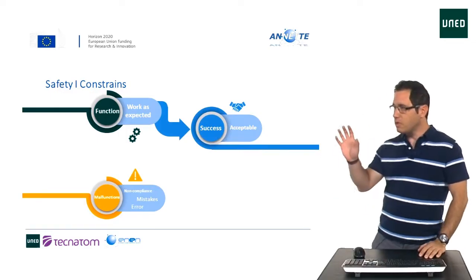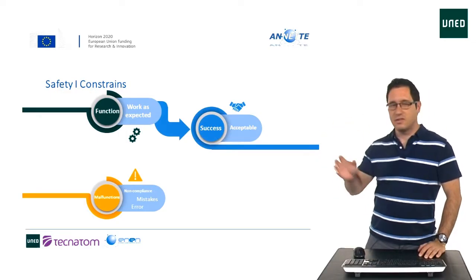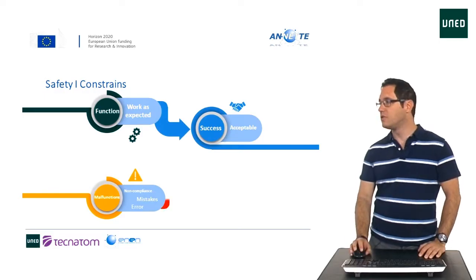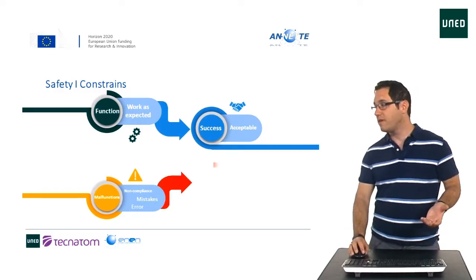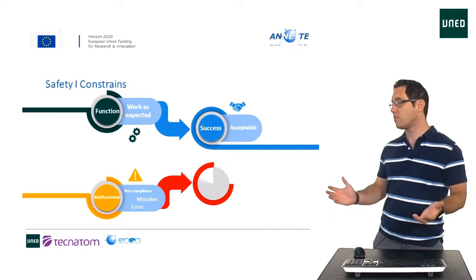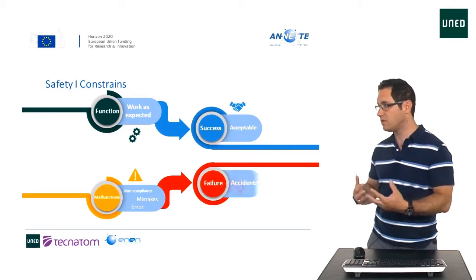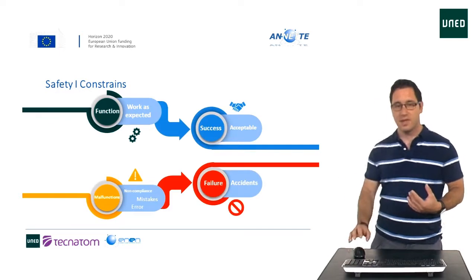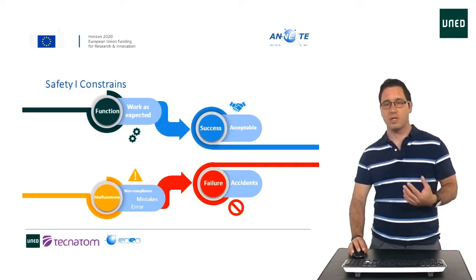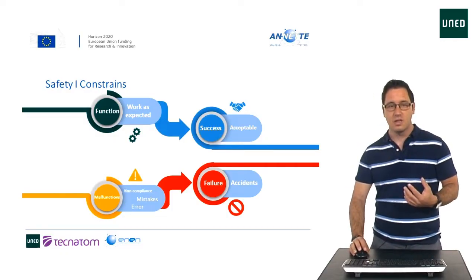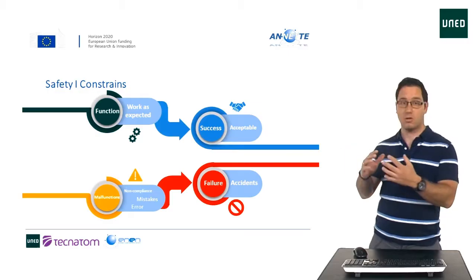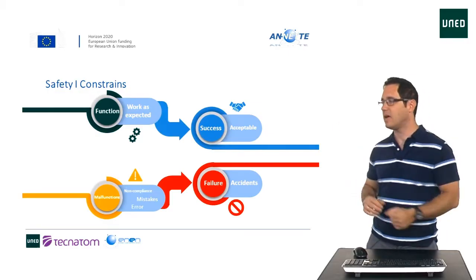So all these can lead to failure in the form of accidents or incidents. Basically, what we can say is that somebody did something, or something happened, that led us to an accident.